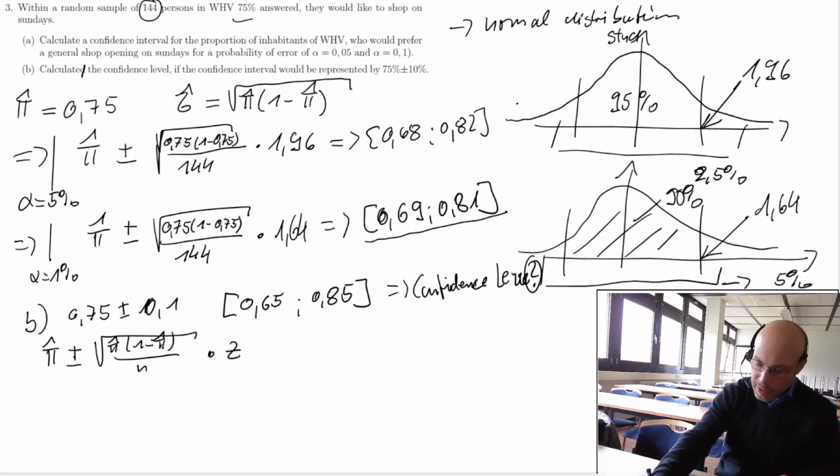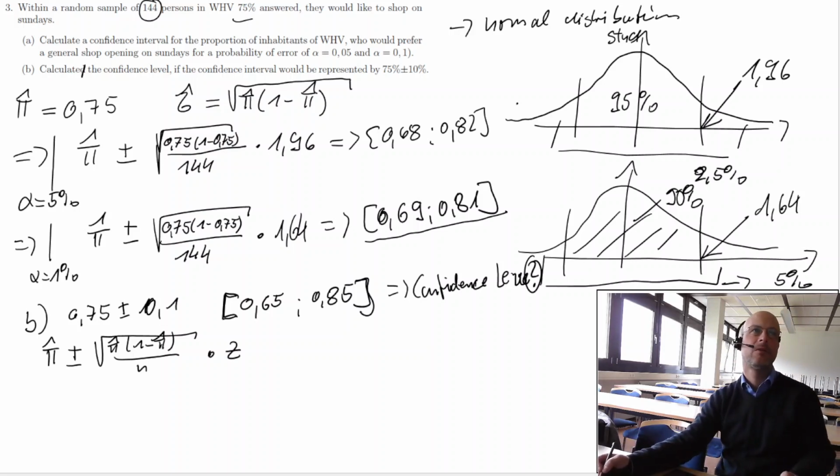Now we know the limits of our confidence interval, 0.65 and 0.85. Then how do we obtain our confidence level?